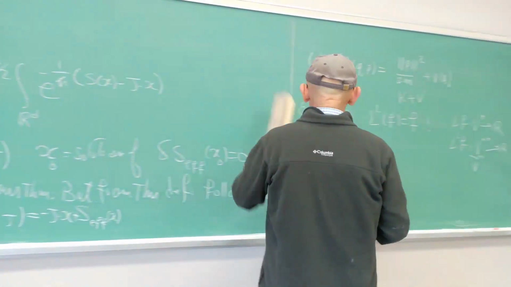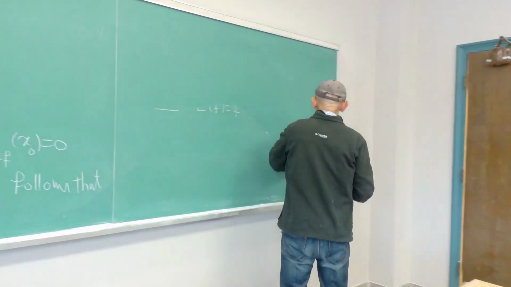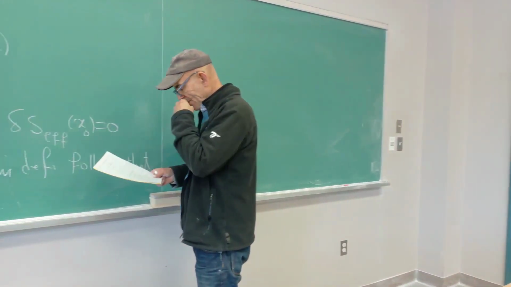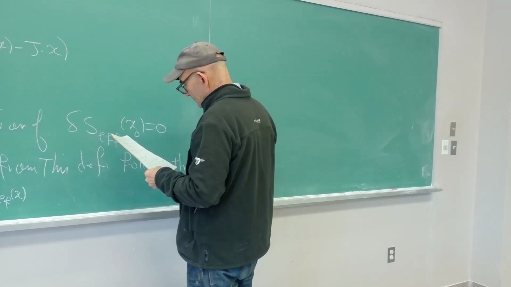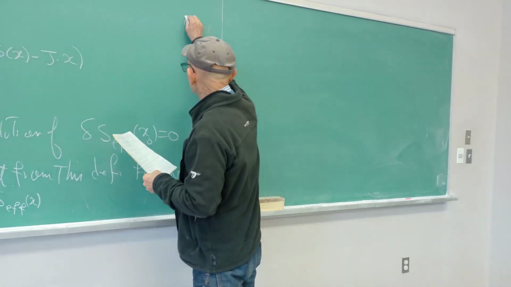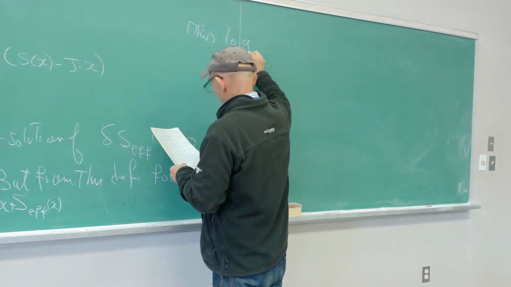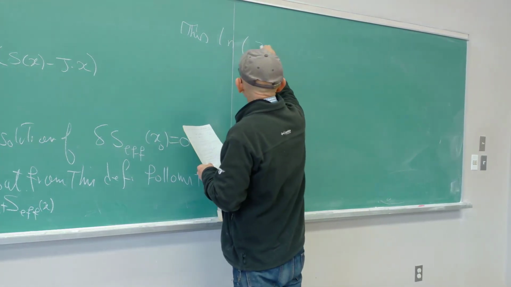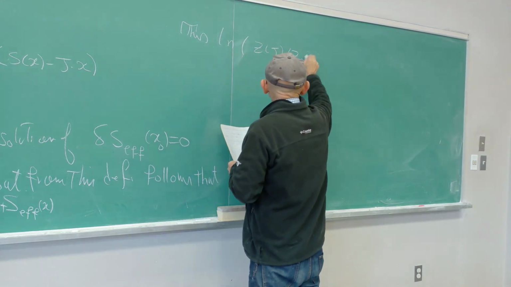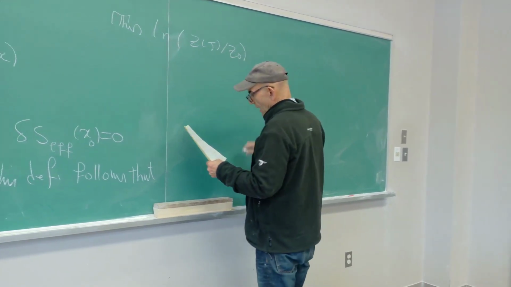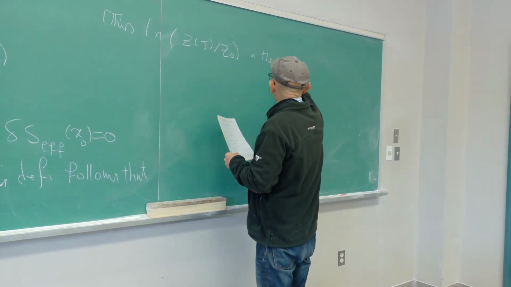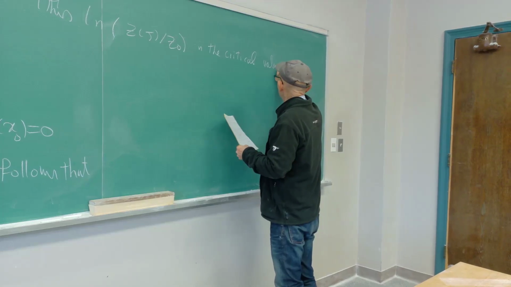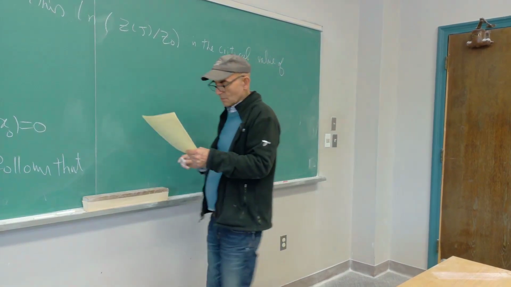So it follows that, thus, let me write it again, ln of Zj over Z0 is the critical value of JX minus S.